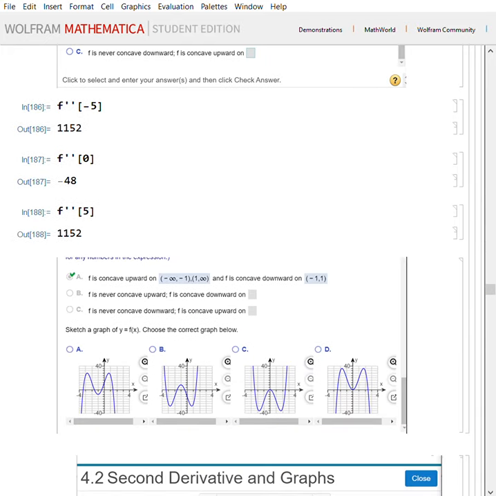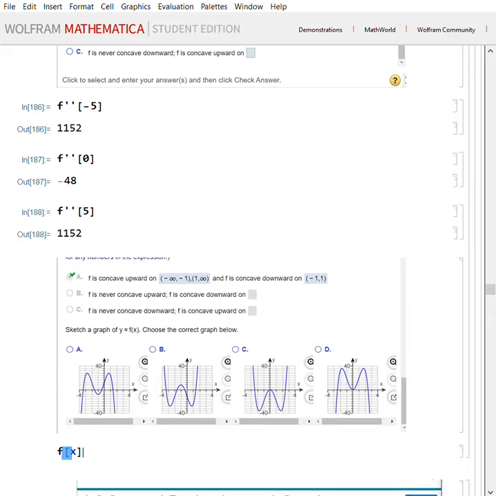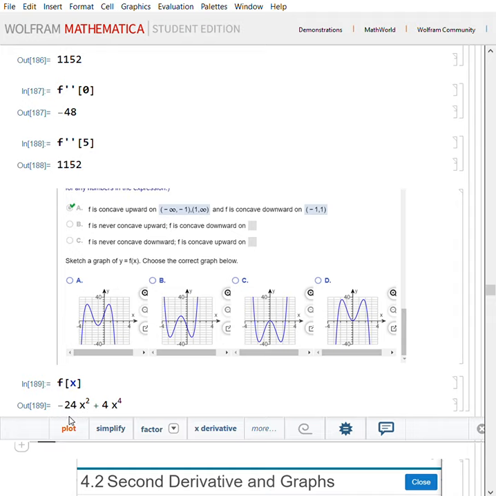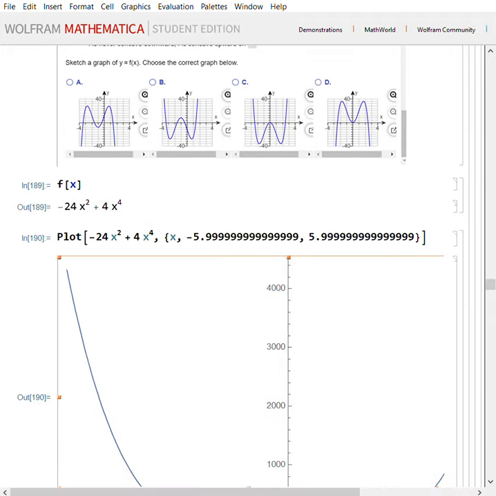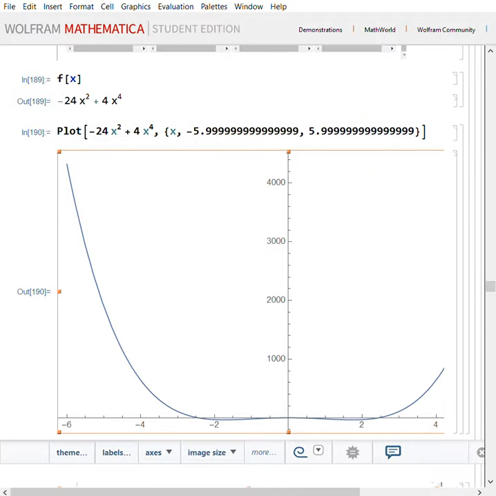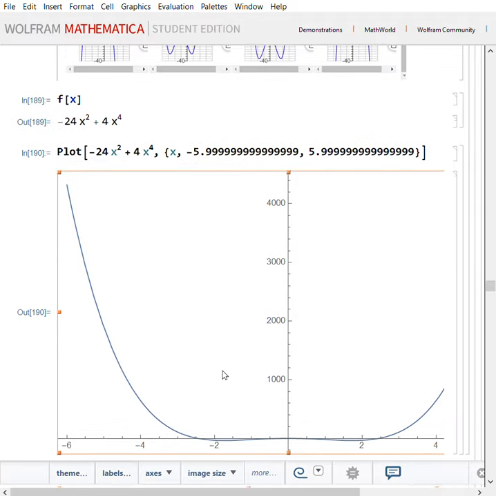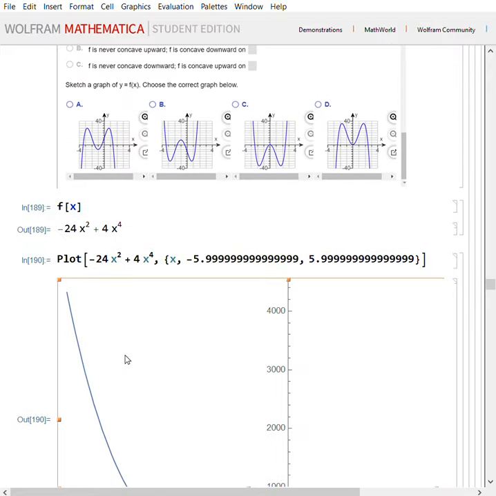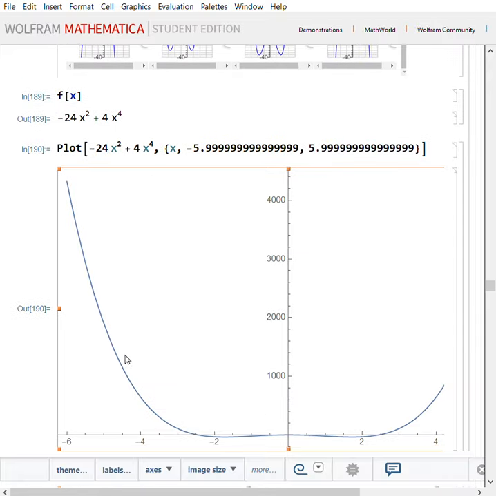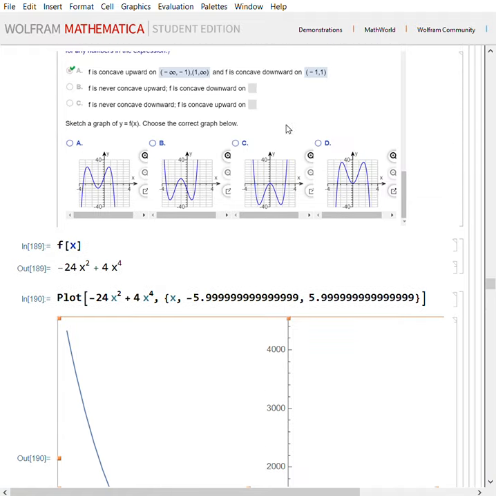And now they want the graph, so that is just literally as simple as doing f of x and clicking on the plot suggestion, and you can see it. It looks exactly like C, albeit you can't see the concavity as extreme as you can in the graph C in the option.